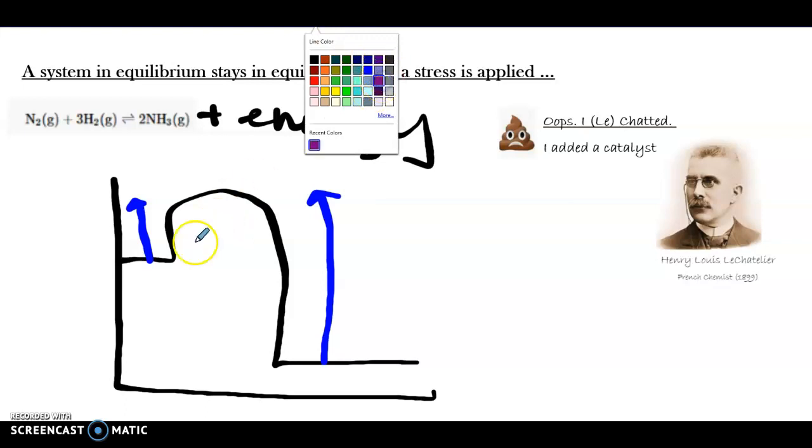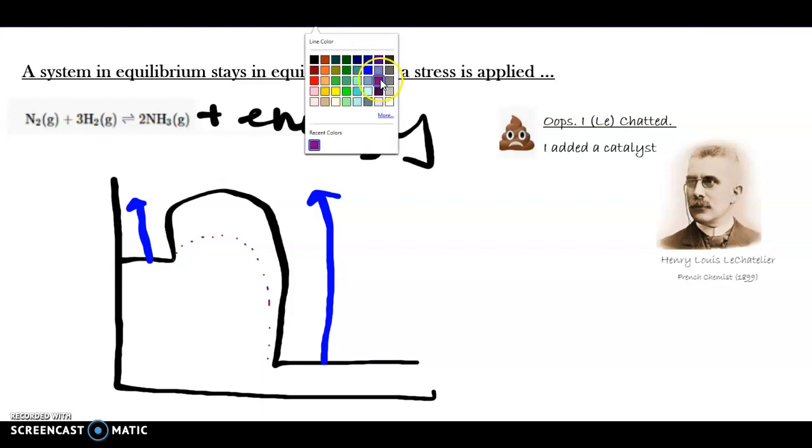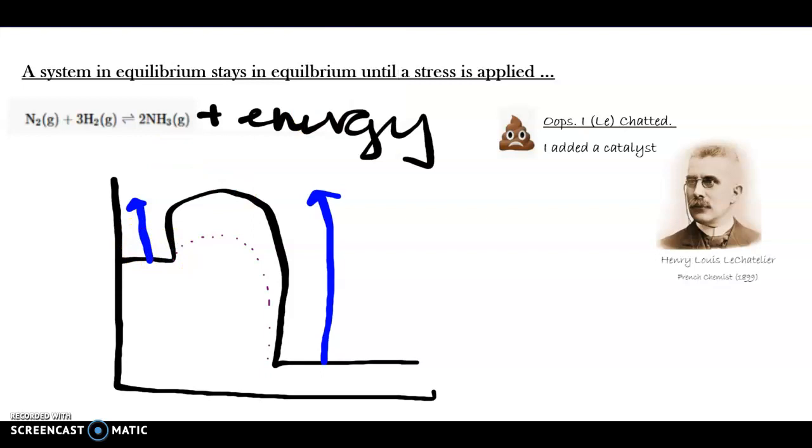I'm going to go catalyst in purple. So when you add your catalyst, you make it easier to activate going forward, which would favor the forward reaction, but at the same time, you also make it easier to activate the reverse reaction.